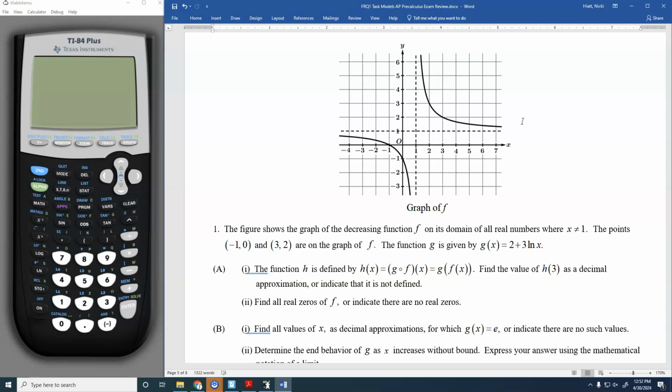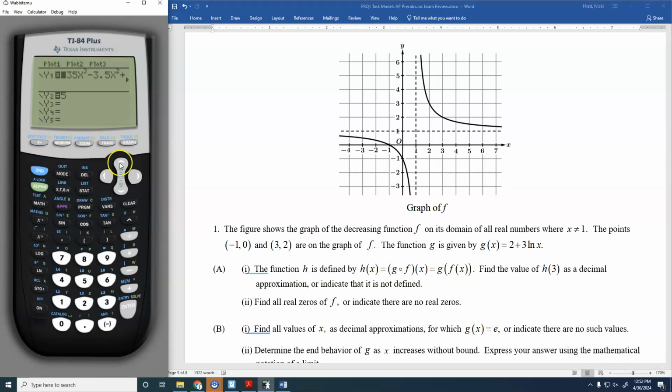The function g is given by g of x equals 2 plus 3 natural log of x. So if you wanted, you could go over here and type in that equation, 2 plus 3 natural log of x, if you just want to, or you can wait till you need it, either one.